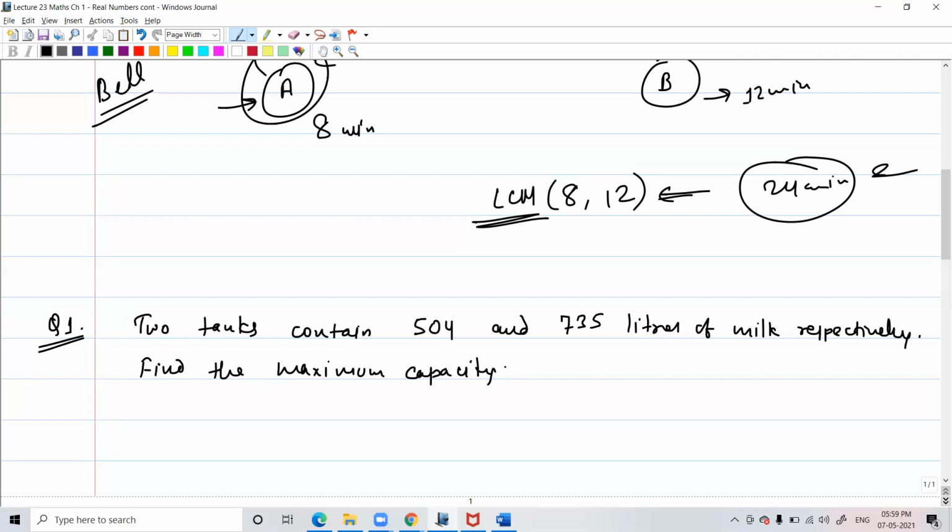Once you have solved this question, then I will give you some more quick tips to identify very quickly whether you have to do LCM or HCF. So let's just do this one first. Find the maximum capacity of a container which can measure the milk of either tank an exact number of times.